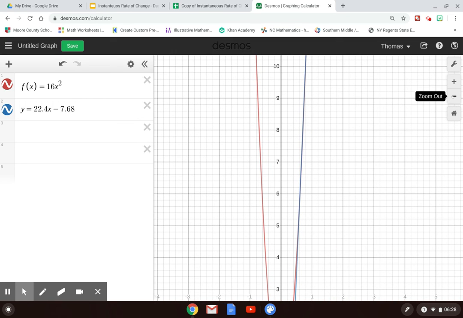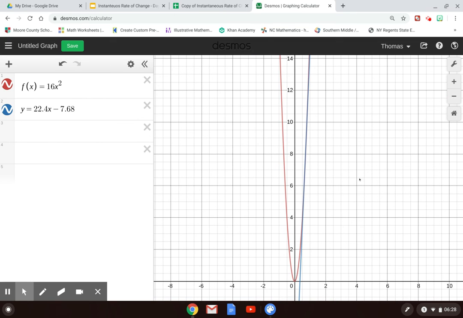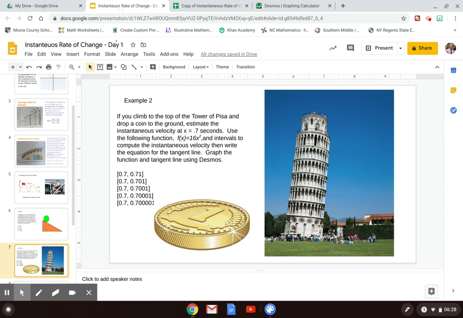I'm going to zoom it out just so we get a better idea. So there's my tangent line to this particular function, which tells me that my instantaneous rate of change at 0.7 seconds is going to be 22.4 feet. So at that moment in time of 0.7 seconds, this coin had moved 22.4 feet.